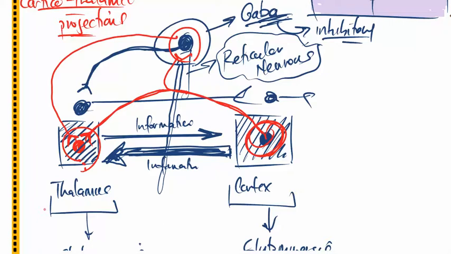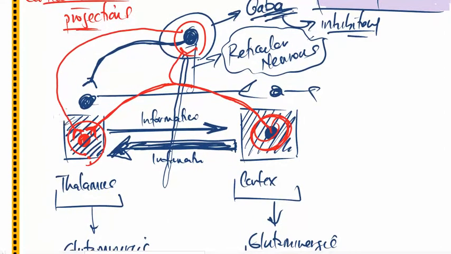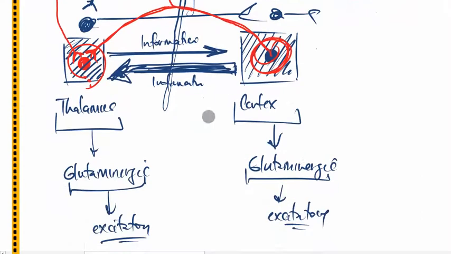Do you guys see that? That's the way I understood it. The reticular neurons are modulating the signals being transferred, so you have some control over it. It's not always excitatory.